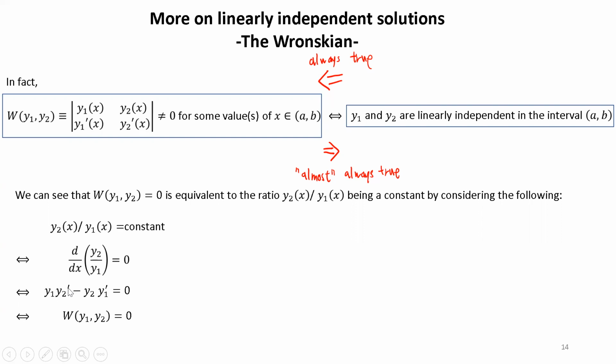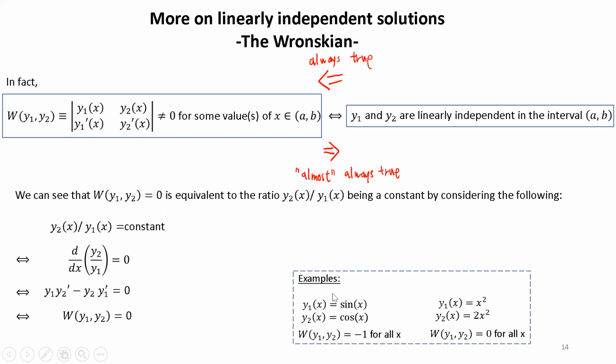And this y1 y2 prime minus y2 y1 prime is exactly this determinant. So that proves it. There are two ways to test whether two functions are linearly independent or not. The first way, practically the easiest way, is to take the ratio, or you take the Wronskian.